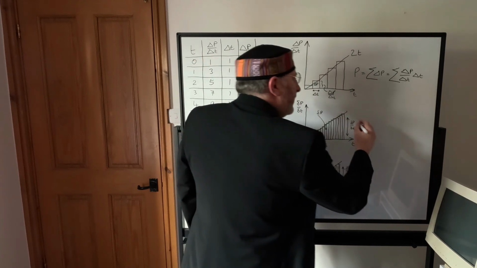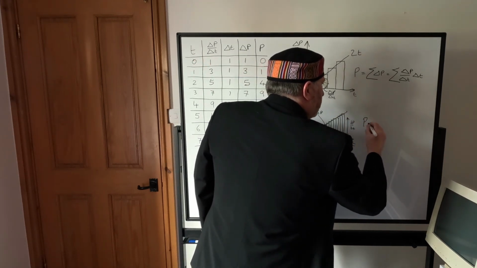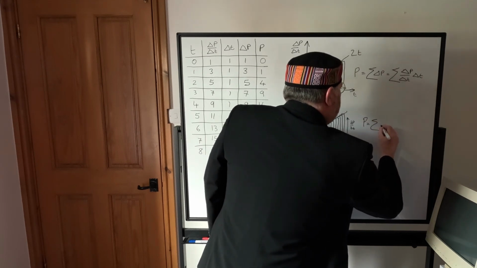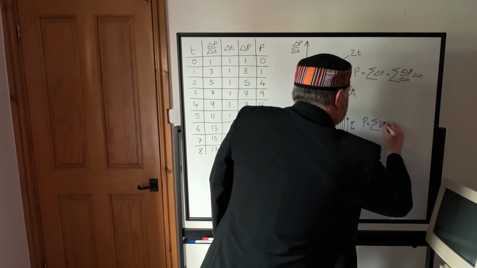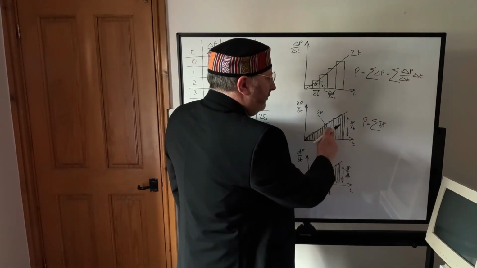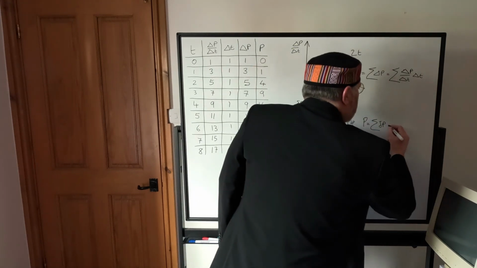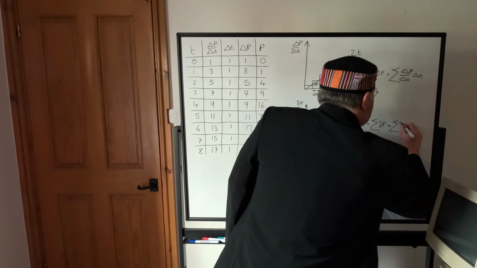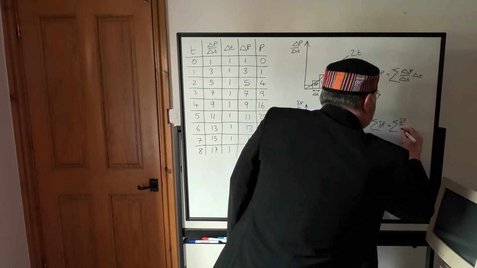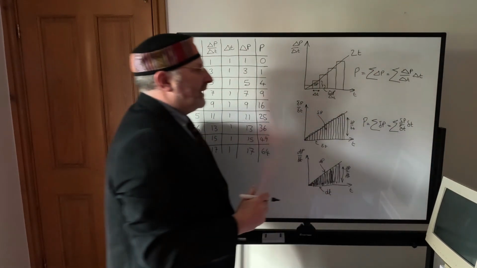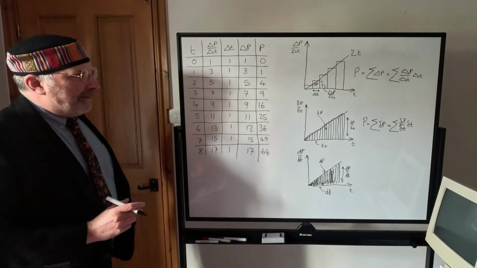And the same applies here then. The total population is going to be the sum of these smaller increments, delta p, these areas of these narrow bars, which is equal, in the same way, to delta p over delta t times delta t, using small increments.